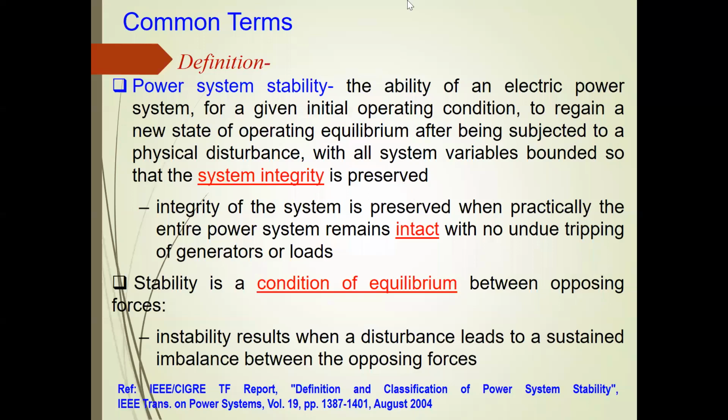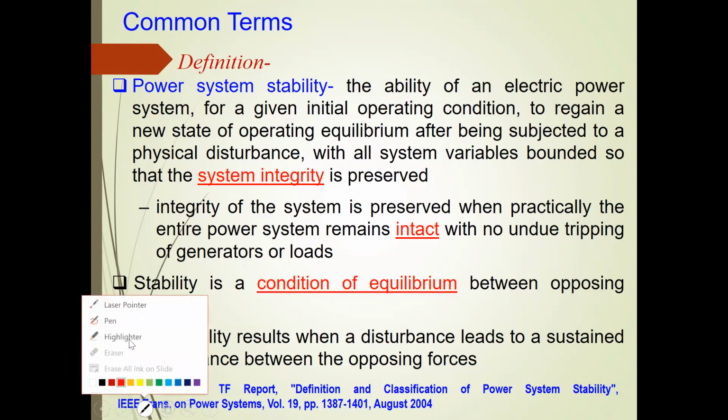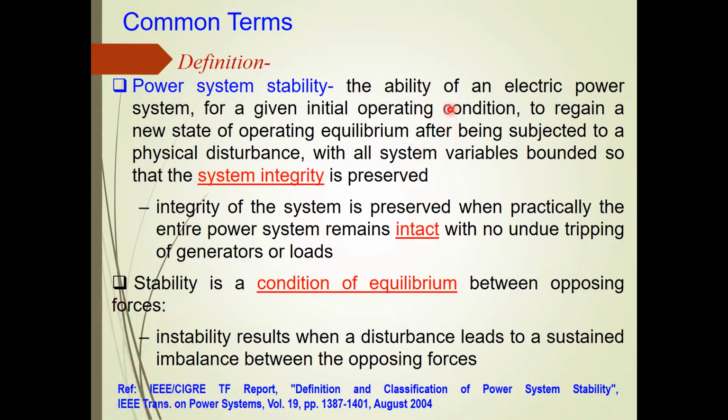Okay. So yeah, we were discussing the system stability. It is actually the ability of an electrical power network which is operating at a given initial condition to regain a new state of equilibrium following the disturbance.